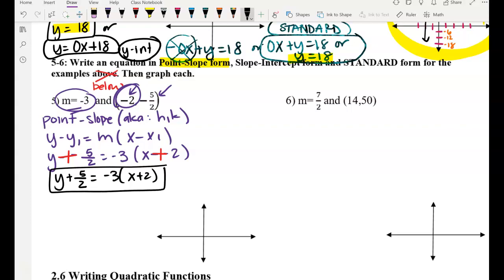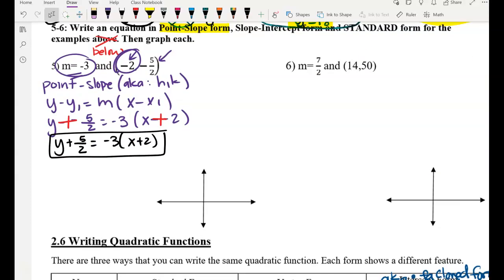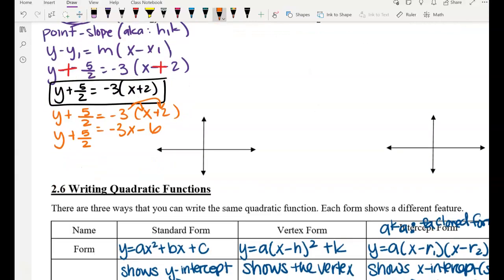Next, it wants us to rewrite it in the slope-intercept form. So as you remember, we will distribute the -3. So I'm going to use a different color and write this over so I can distribute the slope. That's going to give us -3x, this is going to give us -6, and drop down the y plus 5/2.